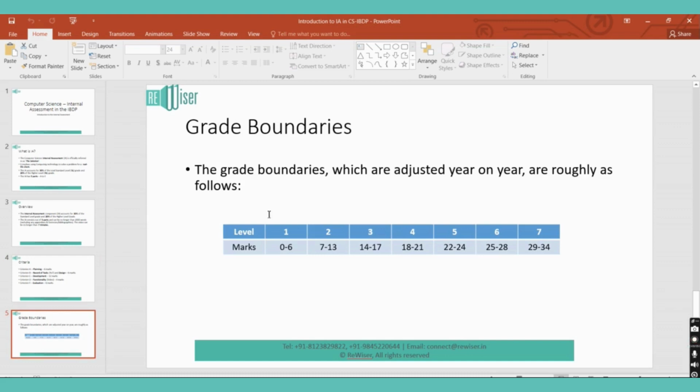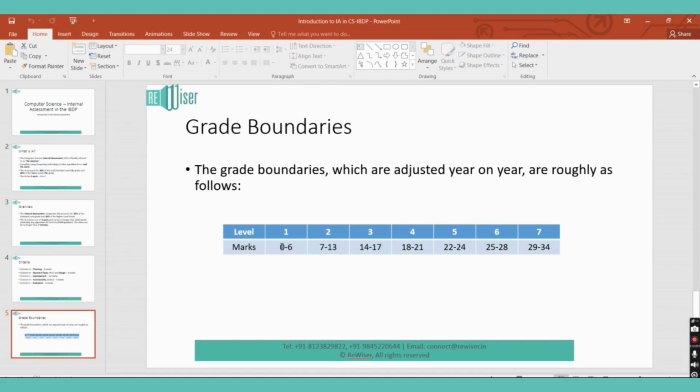Now, if you look at the grade boundaries, these keep changing every year, very slightly of course, but on the whole, if you see, they are roughly this particular grades or the boundaries for how many ever marks you secure, the corresponding grade is what is awarded to the student.